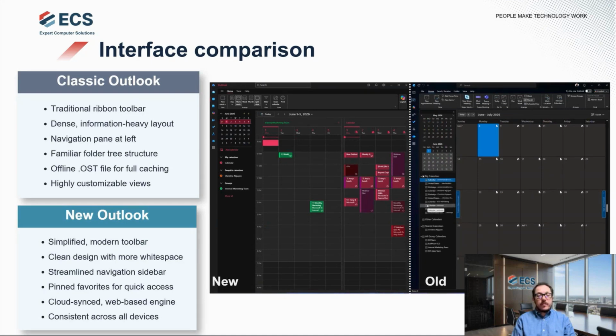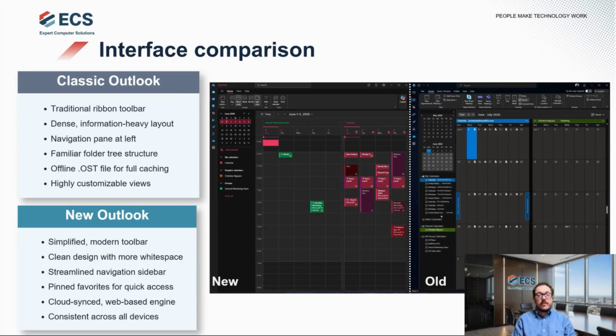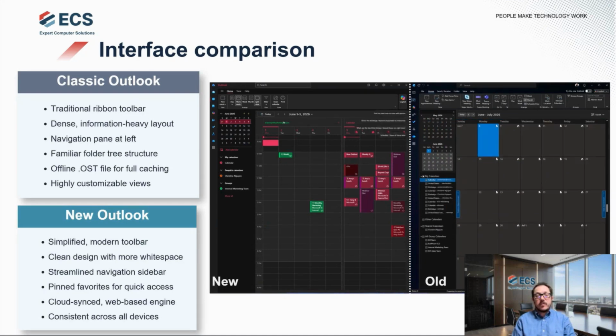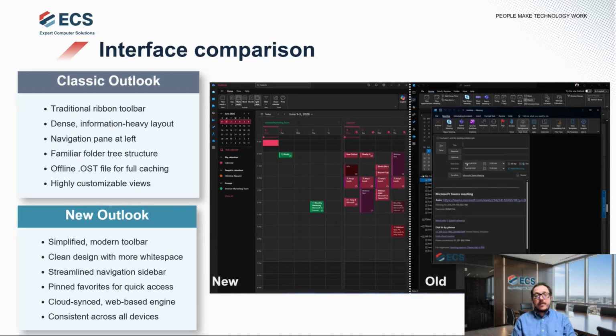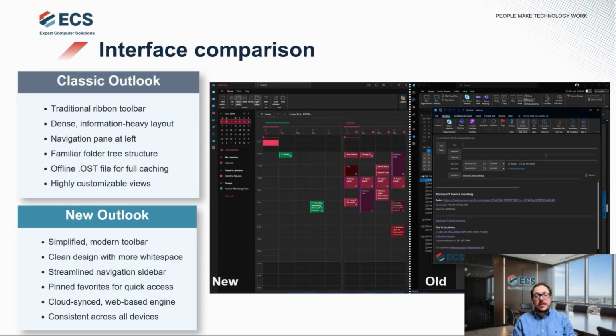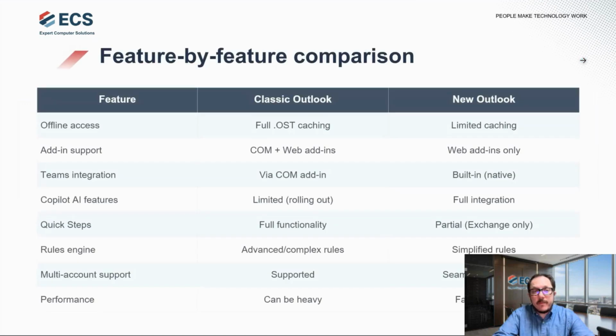Both Outlook versions are highly customizable. You could customize them the way that you like. The new one has a much cleaner design and streamlined navigation. They have pin favorites for quick access, cloud synced, and consistent across all devices.